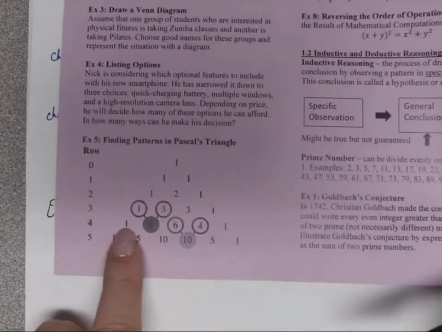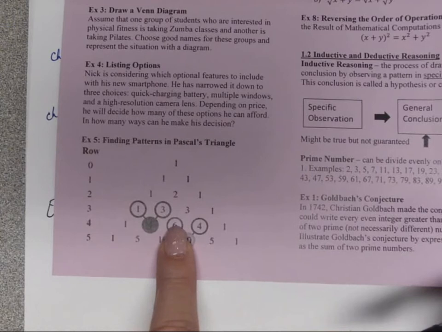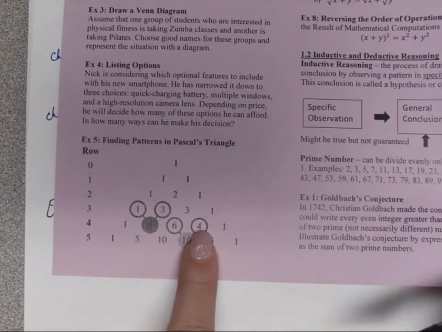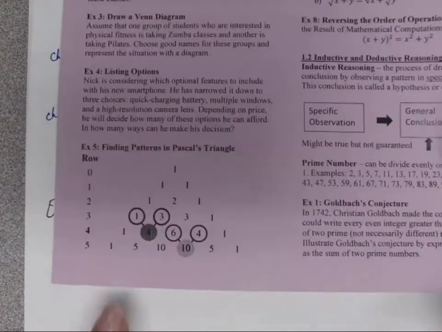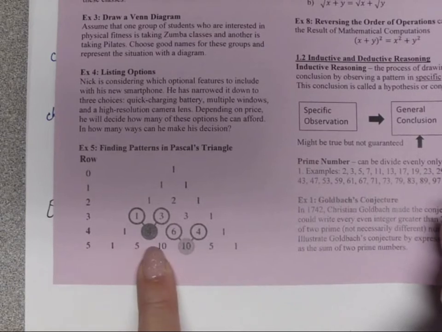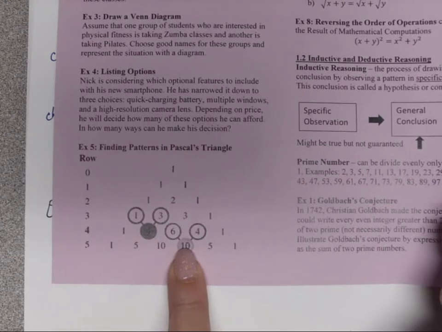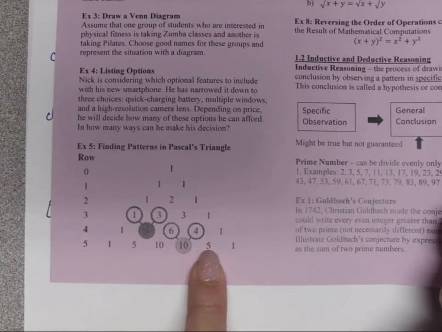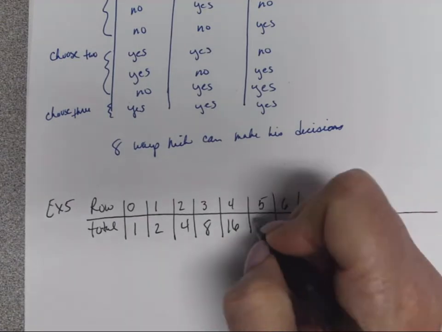In row 4, we have 1 plus 4 is 5, plus 6 is 11, plus 4 would be 15, plus 1 would be 16. In row 5, we have 1 plus 5 is 6, plus 10 would be 16, plus 10 would be 26, plus 5 would be 31, plus 1 would be 32.